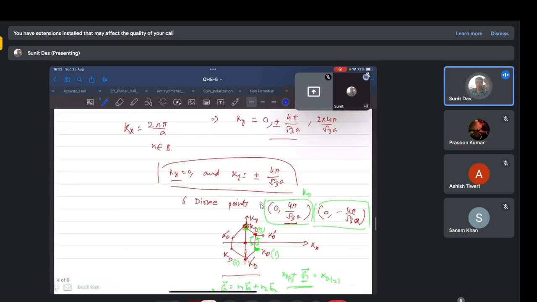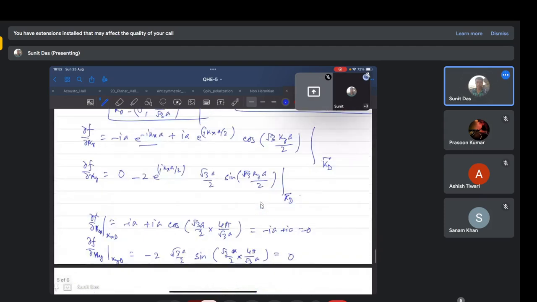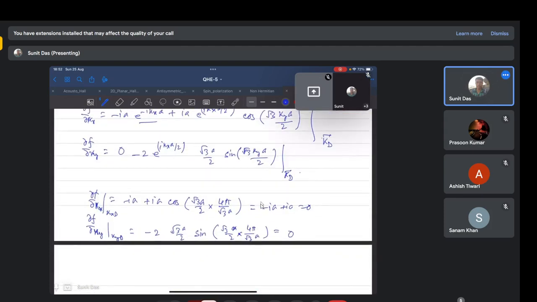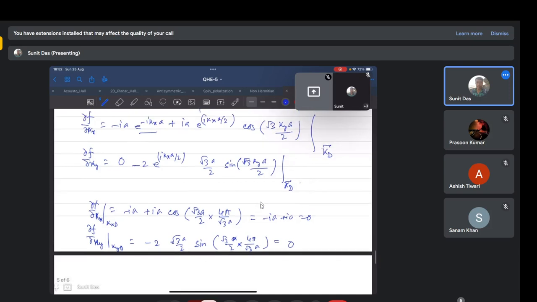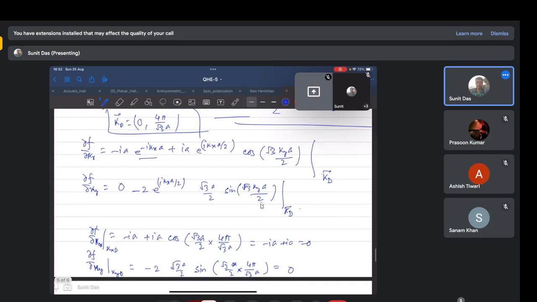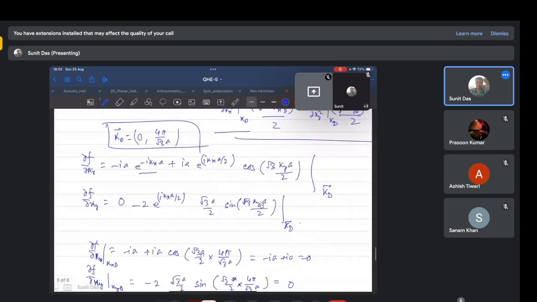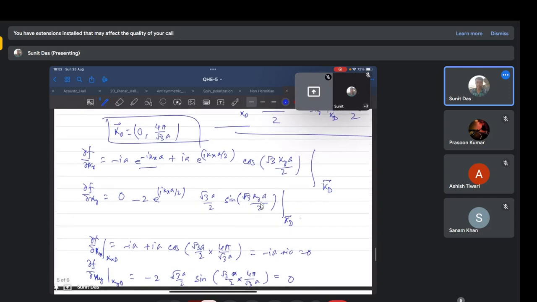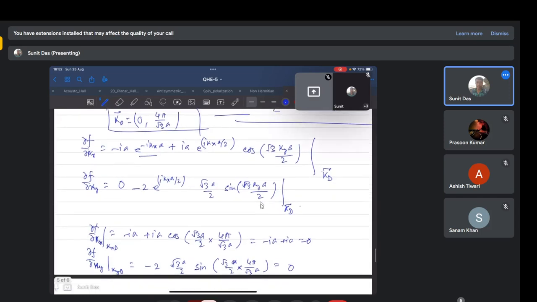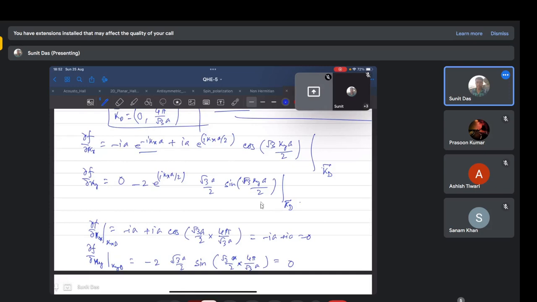What coordinates, 4 pi by root 3. And there is some mistake that happened, I think.